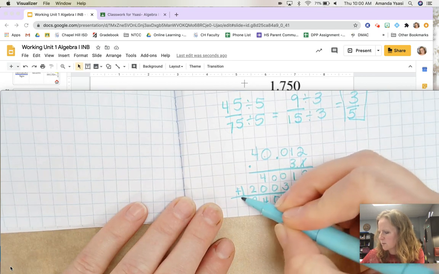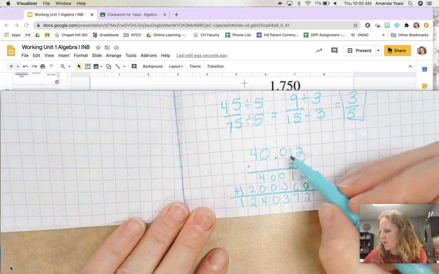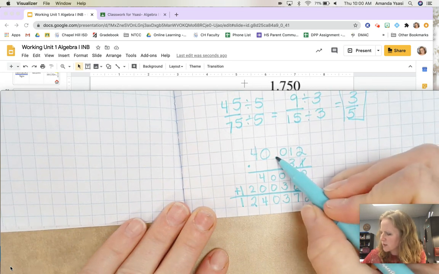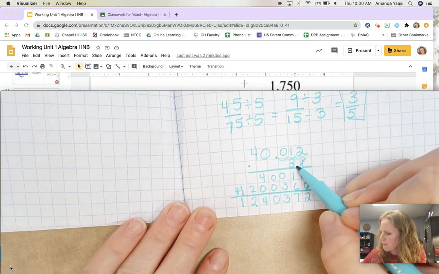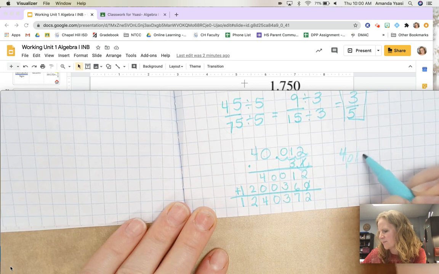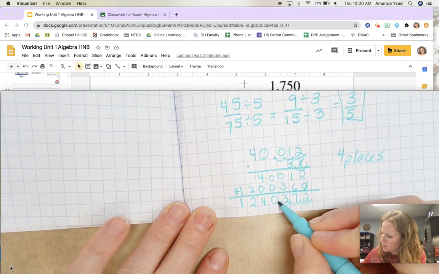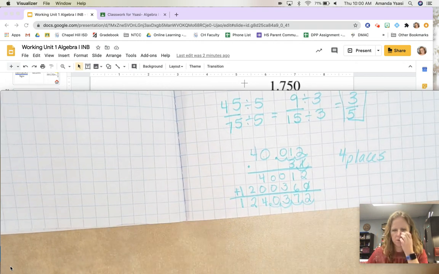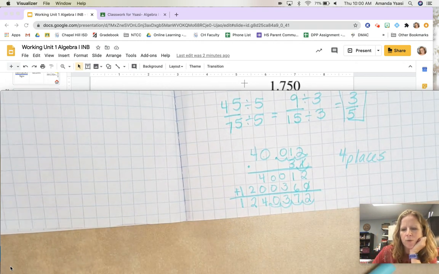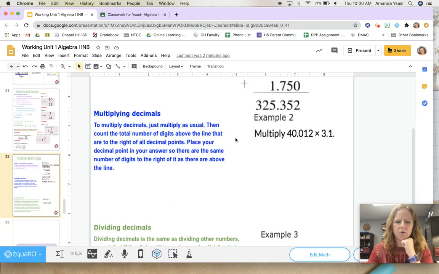And then we move our decimal because this is 1, 2, 3, 4 places. So 124.0372.